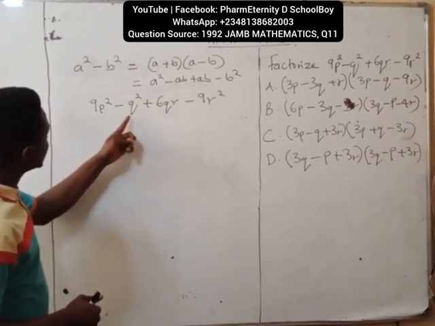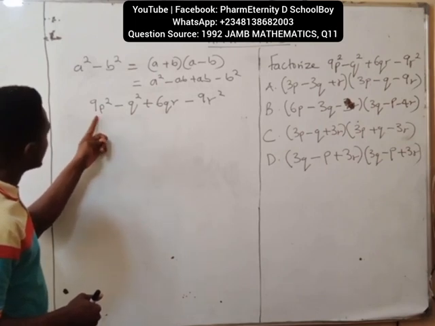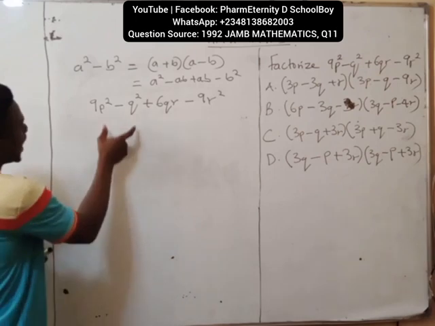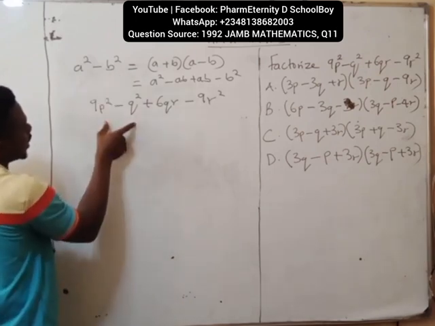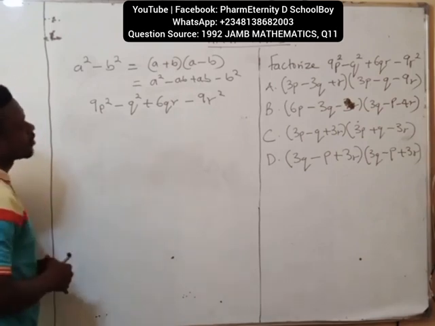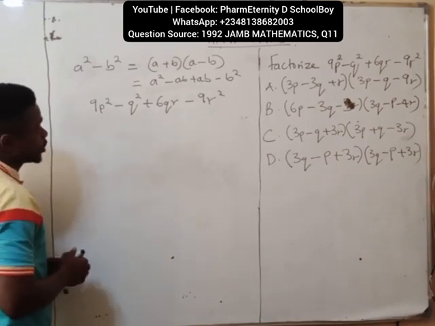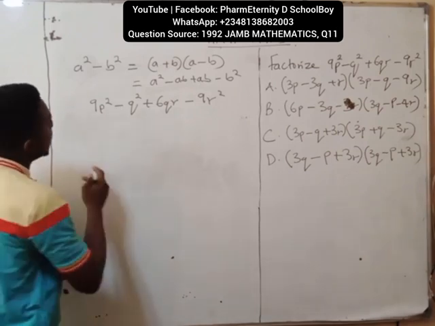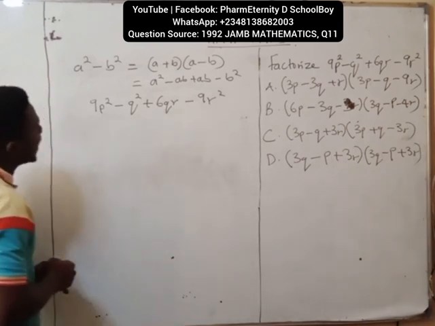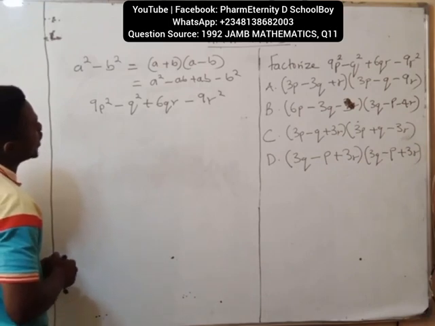There's a difference between these two. We have 9p squared minus q squared. We will apply this rule here to expand it. So if you apply it here, what will it look like?